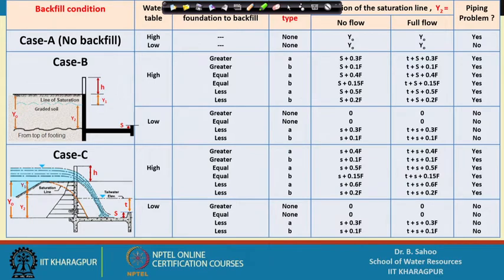Then, as we have already studied in our previous lecture, depending on the backfill condition and drainage condition, you can estimate the elevation of the saturation line Y2. You can see this from the figure, case C. Suppose for example, for case C, you can estimate this Y2 value depending on different water table conditions.